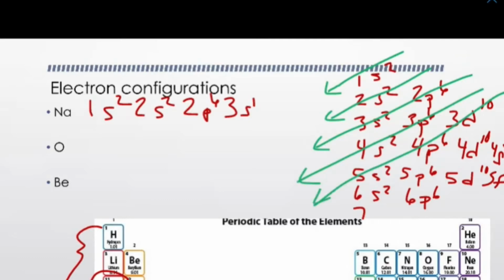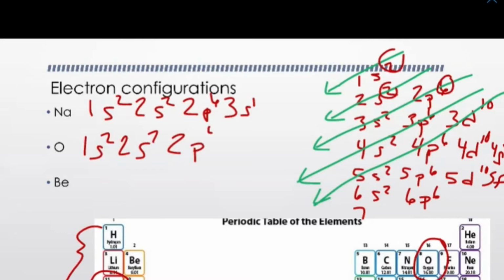And hopefully you remember how we did this because we just took a test over it. Oxygen is here. It's atomic number 8. So I'm going to count up these little numbers until they get to 8. 1s2, 2s2, 2p4. For beryllium, it's really easy. It only has 4. 1s2, 2s2.